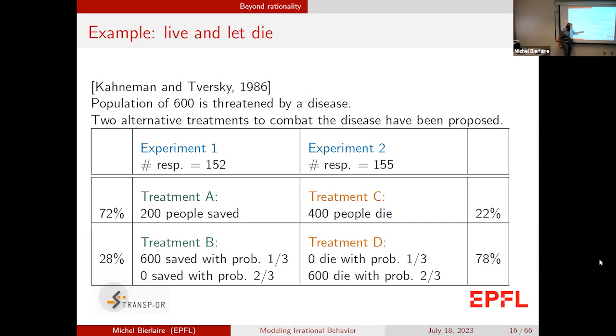Now, the second experiment proposed exactly the same, but presented in a different way. So instead of saying 200 people will be saved, here we say 400 people will die, which is equivalent, right? Because we have 600 individuals in the population. And here the same. So instead of saying 600 saved, we say 0 die, and 600 die with the same probabilities. And again, it's completely equivalent, right? It's the same, but the selection is completely opposite.